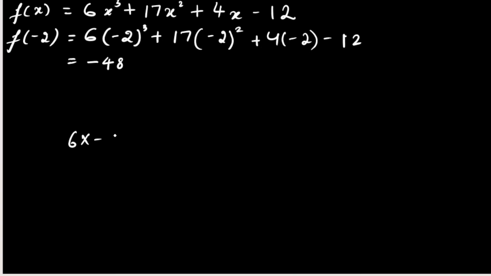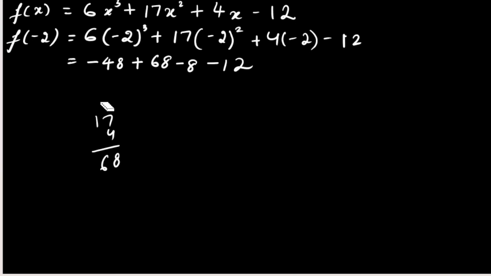Then minus 2 squared: 2 into 2 is 4, and the square of a negative is always positive. So 17 into 4 is 68. Plus 68. Then 4 into minus 2 is minus 8, minus 12.